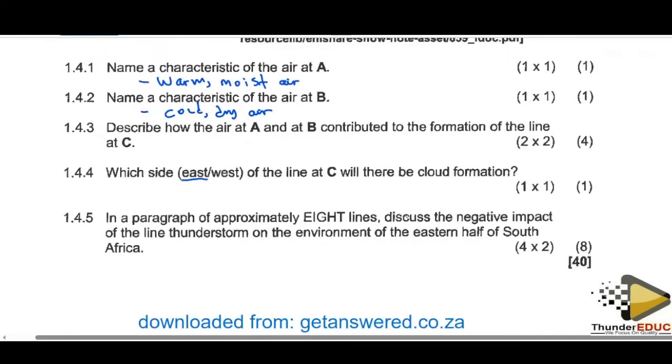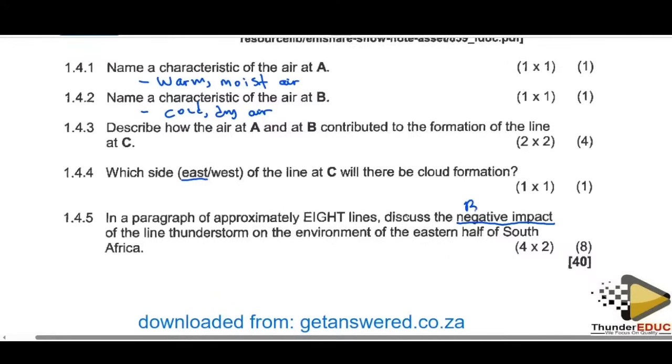Okay. 1.4.5, they say in a paragraph of 8 lines, discuss the negative impact of line thunderstorms on the environment of the eastern half of South Africa. They're saying negative impacts. When they say negative, of course, we are referring to how the line thunderstorm will affect us in a bad way.